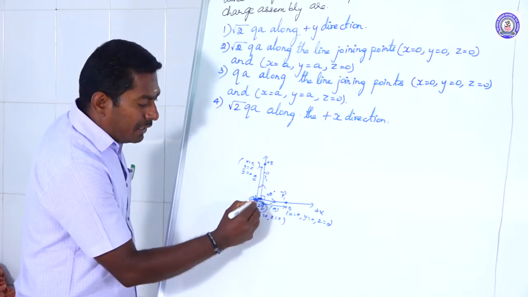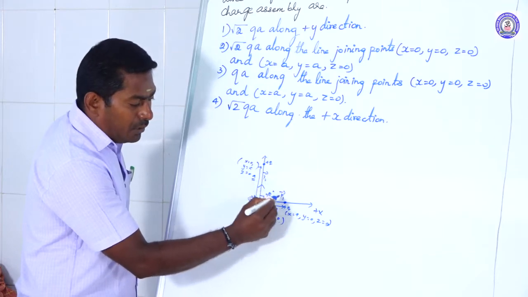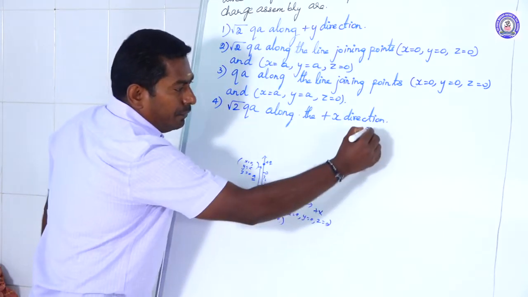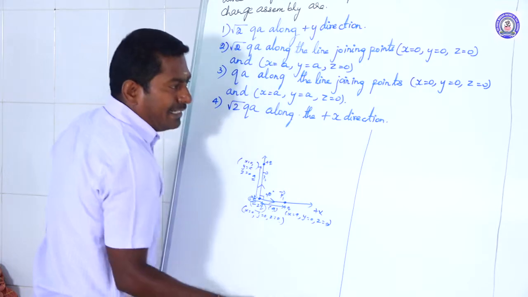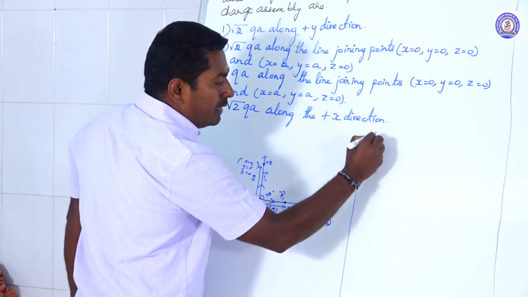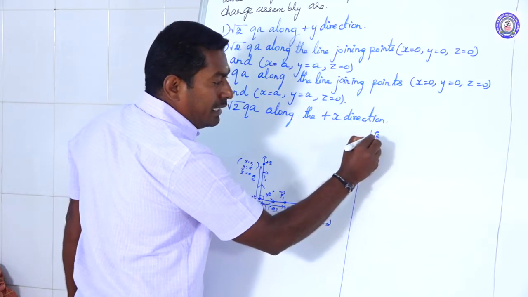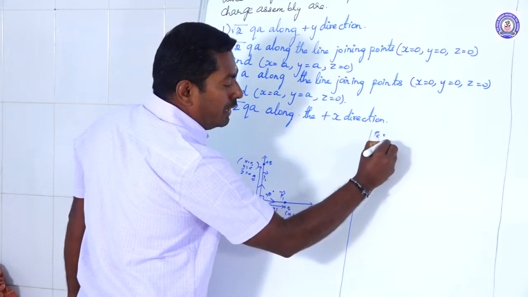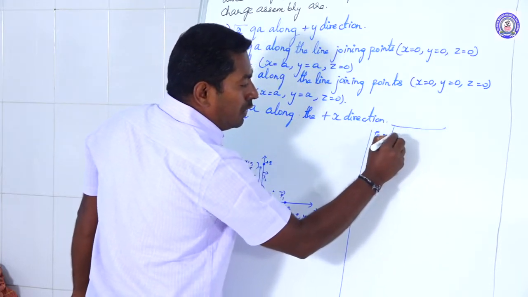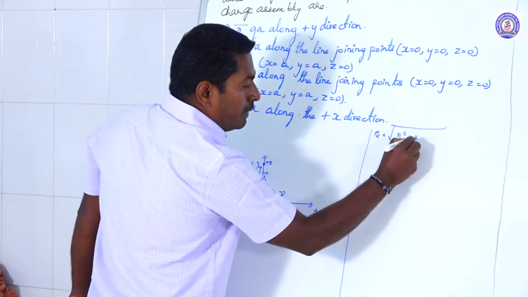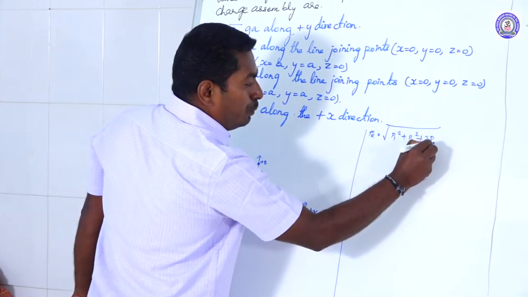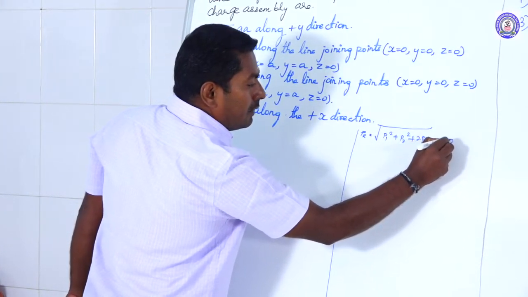The resultant magnitude of the dipole moment can be calculated using the parallelogram law of vectors. The resultant electric dipole moment is equal to the square root of P1 square plus P2 square plus 2 P1 P2 cos theta.